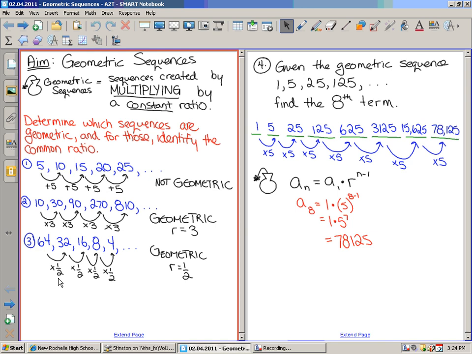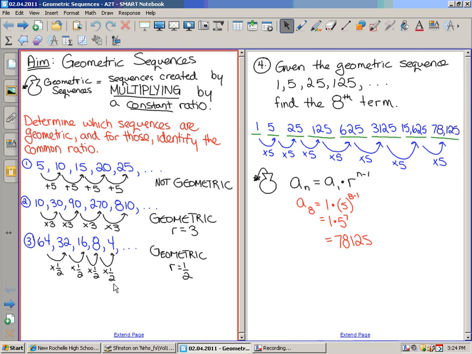And so it is a geometric sequence, and the ratio between these terms is a half. So this one is very tricky. Remember that if you're thinking that the sequence goes by dividing by 2, dividing by 2 is the same thing as multiplying by a half. Multiplying by a constant ratio is, by definition, a geometric sequence.